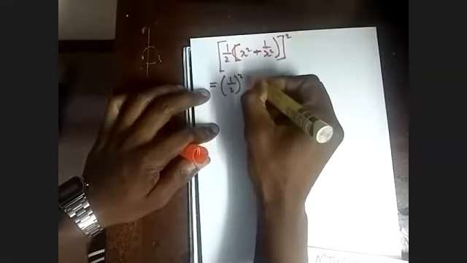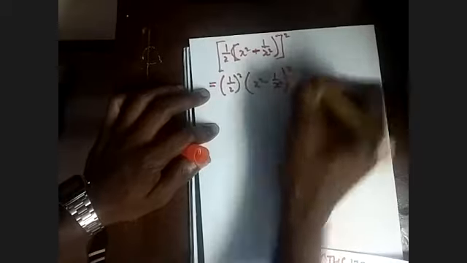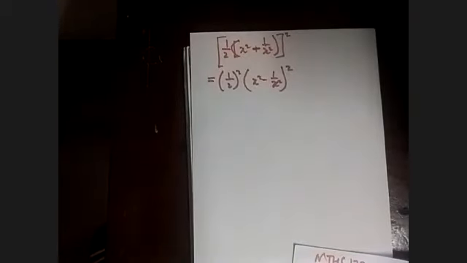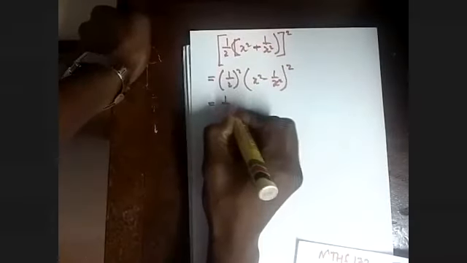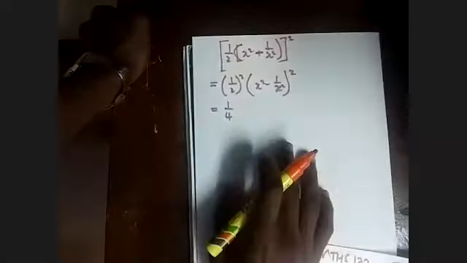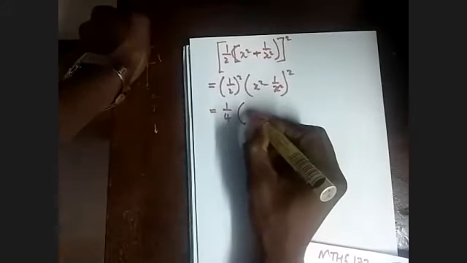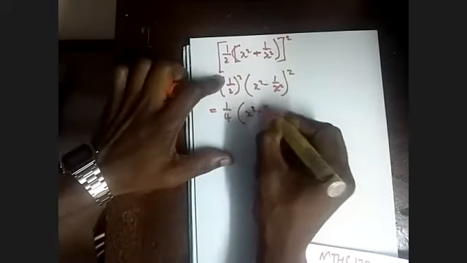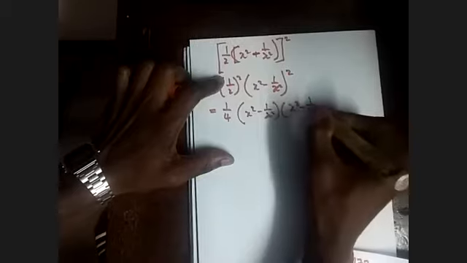Okay, so we're gonna have 1/2 squared, and then we're gonna have x squared minus 1 over x squared, squared. Okay, so now what we're gonna have here is 1/4, because 1 squared is 1, 2 squared is 4. Then I'm gonna have x squared minus 1 over x squared, and x squared minus 1 over x squared.